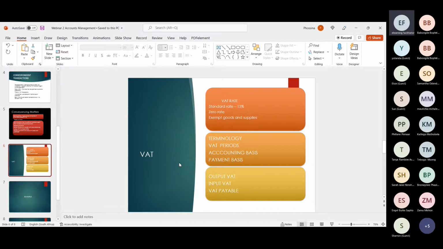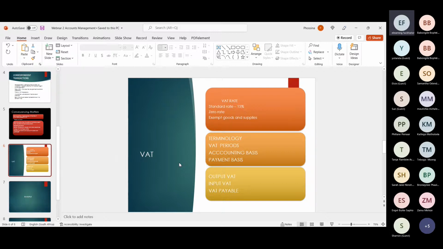So you find a firm has to either voluntarily register for VAT. When you voluntarily register for VAT, it means we are below the statutory threshold, which is 1 million rands. If your fees, whatever you are selling, exceed 1 million rands, then one is supposed to register for VAT.